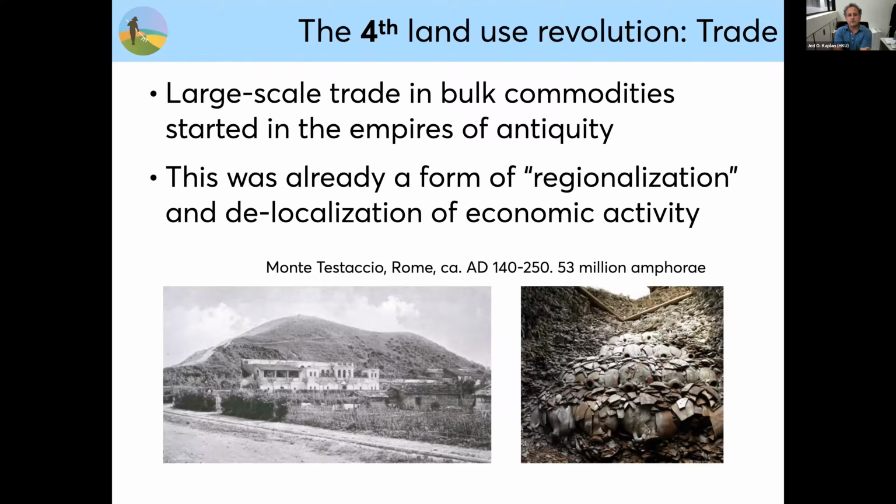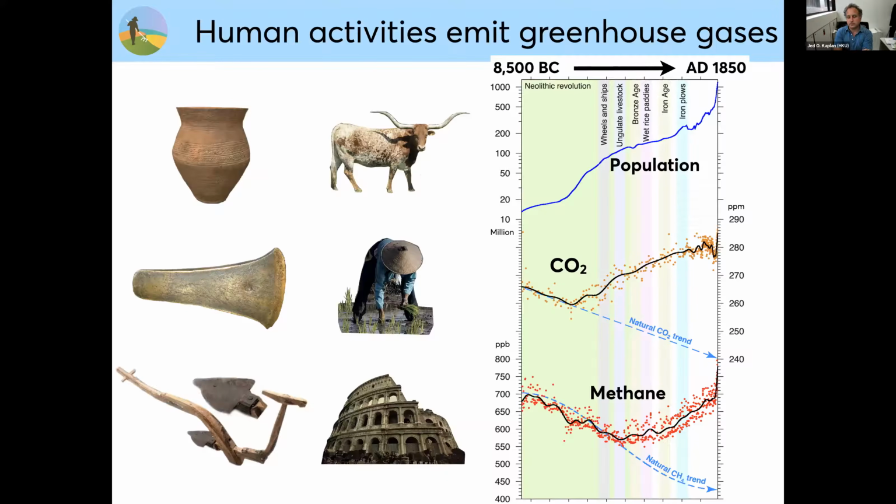So what did this mean for the environment? Well, human activities like the ones I described all lead to the emissions of greenhouse gases. The development of pottery produces a demand for primary energy. The domestication of ruminant animals leads to, first of all, demand for pasture land, but also emissions of methane. I talked about metallurgy.